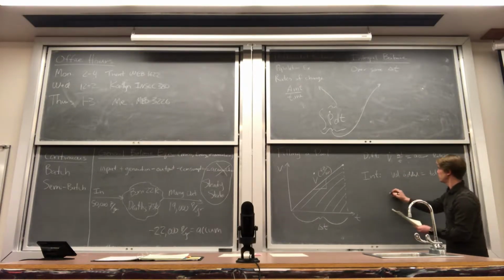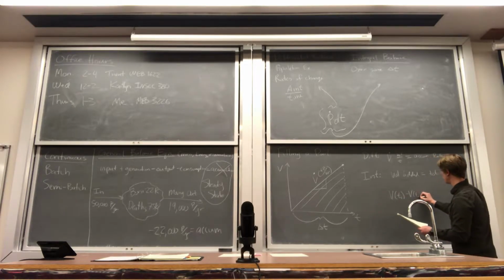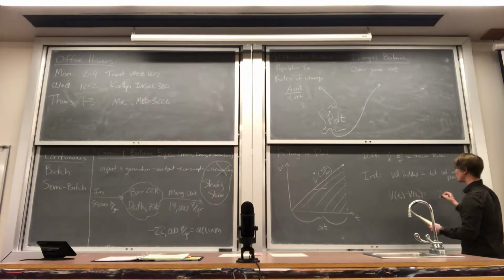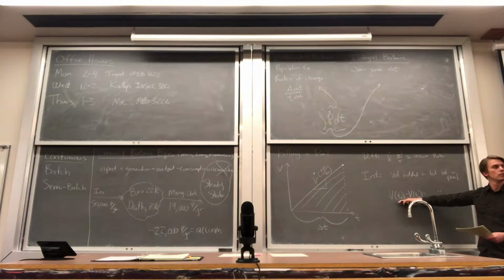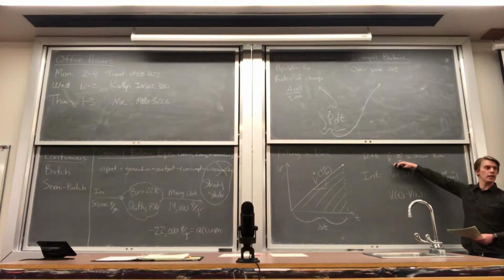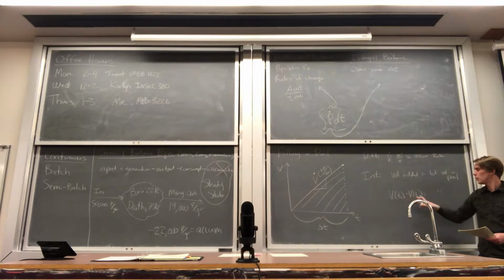So another way we can write this, you can say that the volume in the pool at some T1 minus the volume at some T0 is equal to the total amount that we've added into the pool. Right? This is an integral result here. We're integrating the rate, which gives us a definite integral with T1 and T0 bounds.